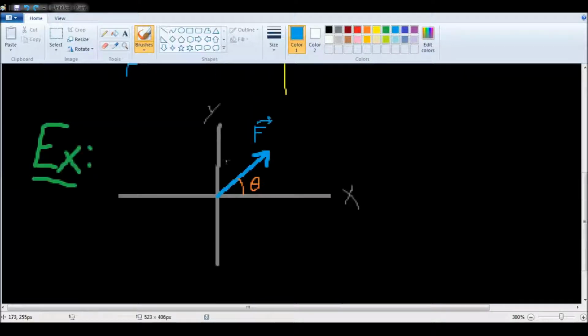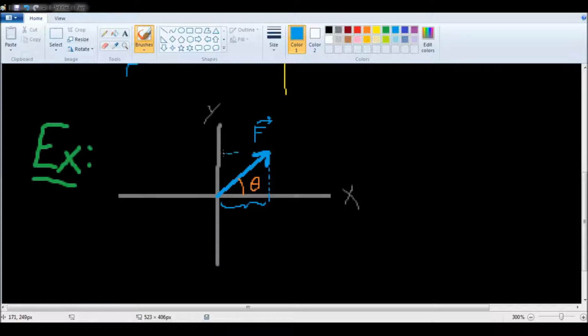So the way we would denote this is we have an x value here that spans the length of this force vector along the x-axis, and then we can do the same thing for the y-axis.